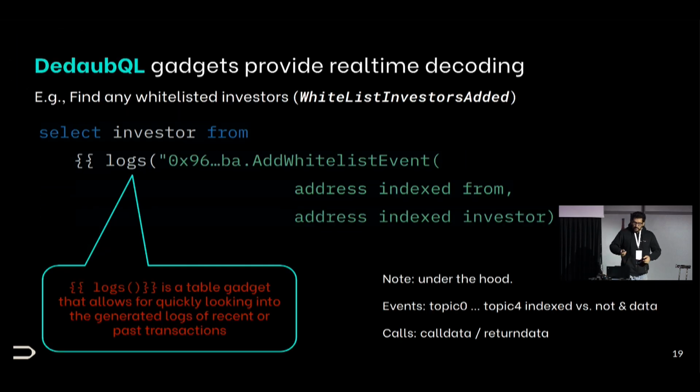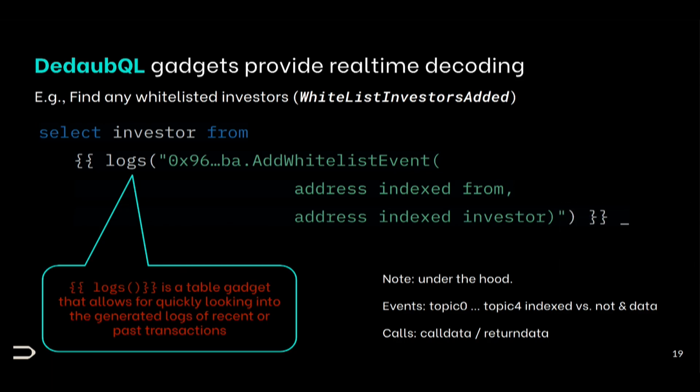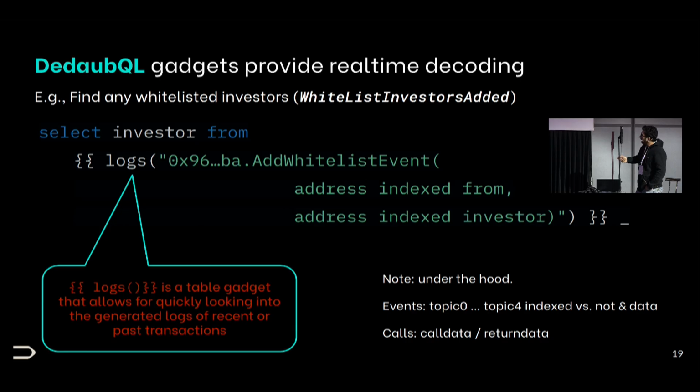Okay? Now here's something else that you can do using the Dedaub QL gadgets. This is the logs gadget, okay? And it corresponds to the logs table. But in the logs gadget, you can also provide a condition.